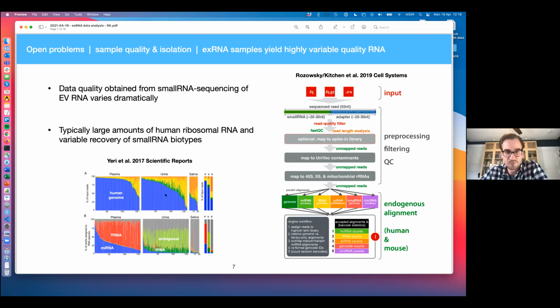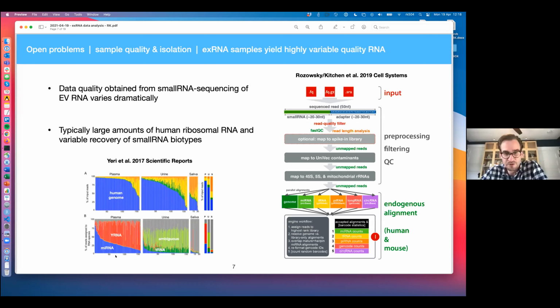Obviously in plasma and urine it's a significant amount higher than saliva, which tends to have contributions from non-human sources, which is interesting in its own right. But also just in terms of the biotypes of RNA that you're detecting within each of these biofluids can be very different. So, typically in plasma, we see a dominance of yRNA.